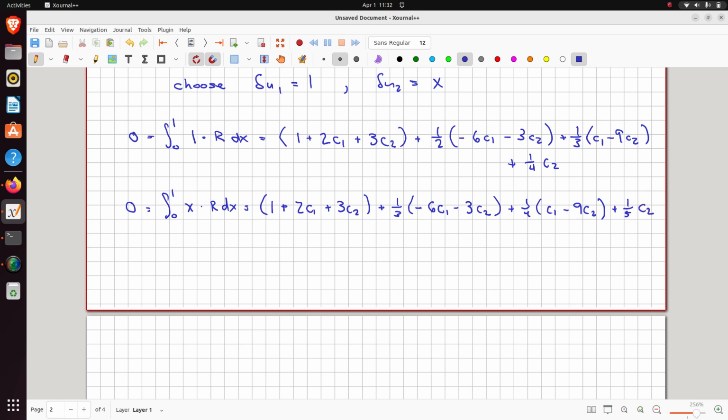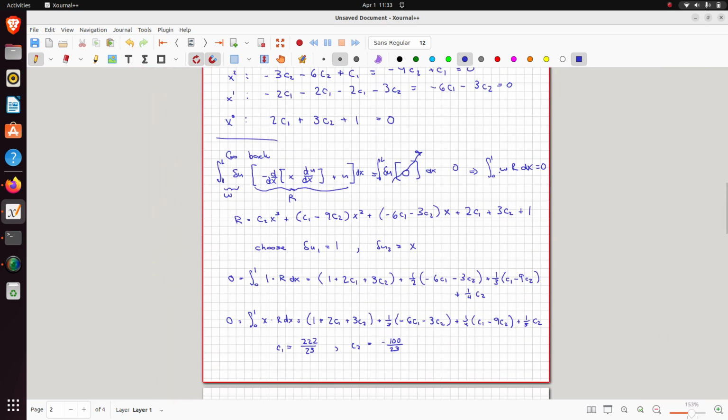Now we have two linear equations and two unknowns, so we can solve for C1. If we do, it's equal to 222 over 23. And C2 is equal to minus 100 over 23.